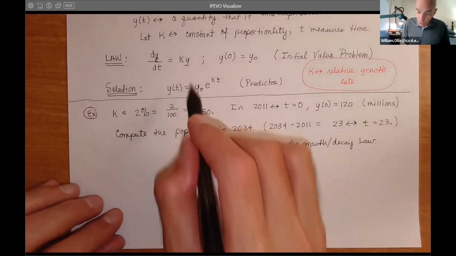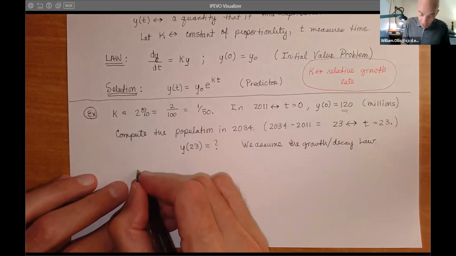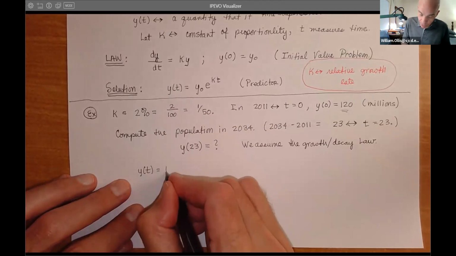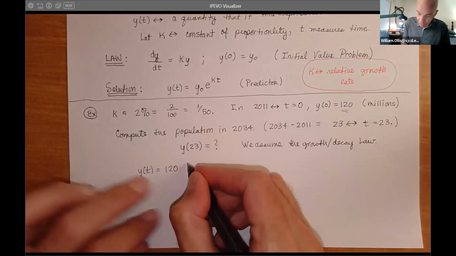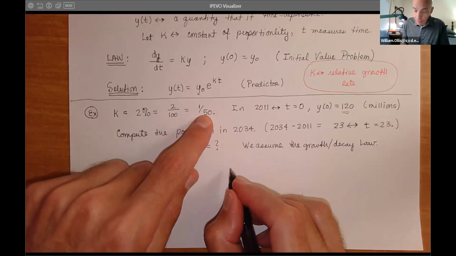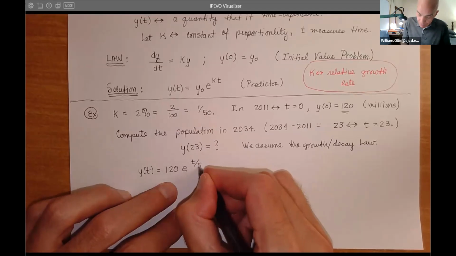So now we've got our solution curve, and we have our initial amount here. So we have y of t will be 120 e to the kt, and we have k is 1 over 50, so that'll give us t over 50.